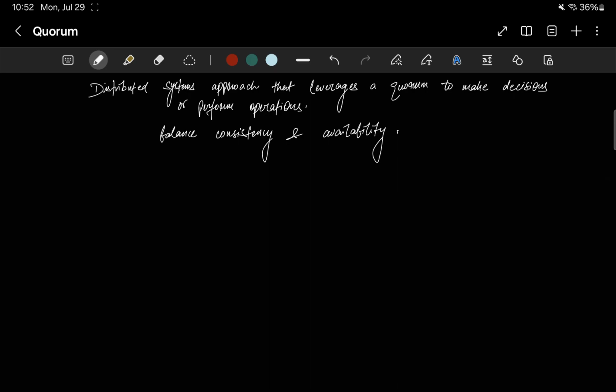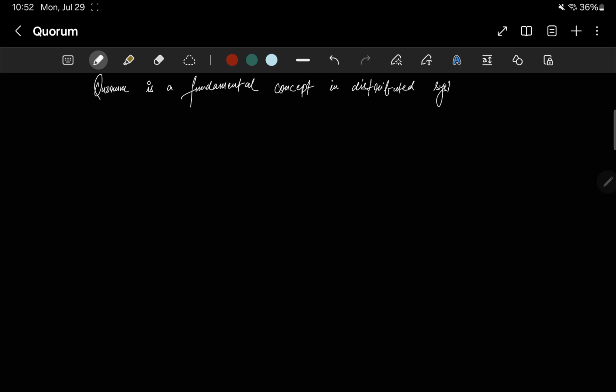So once we know what quorum based systems are, and it's not very different from actual quorum, let's move to understand what quorum is in terms of distributed systems.